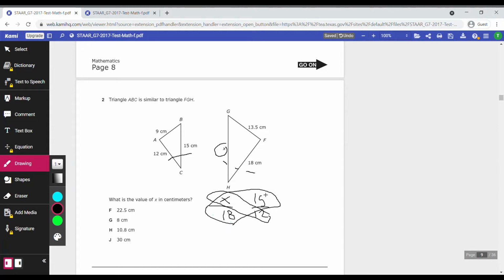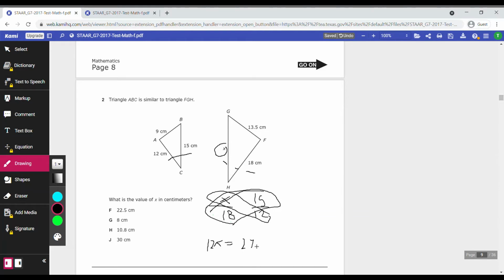When you cross multiply, 12 times x, which is 12x, is equal to 18 times 15. I'm not going to show the long math, but 18 times 15 equals 270.